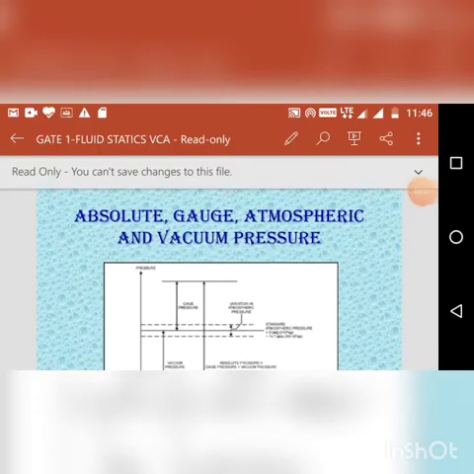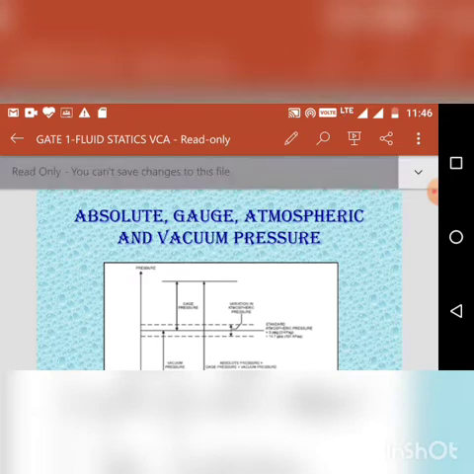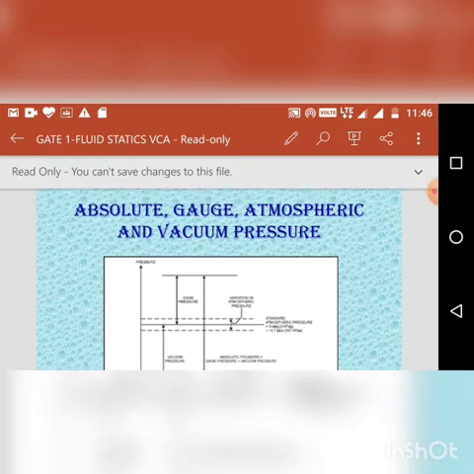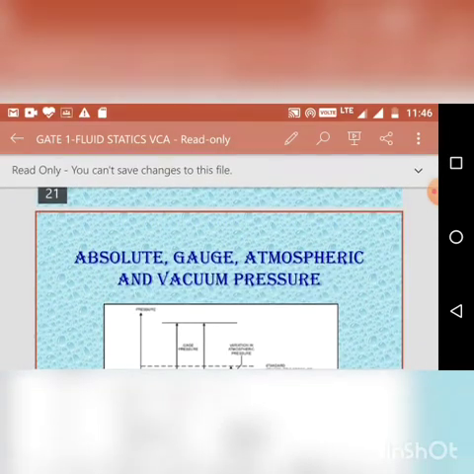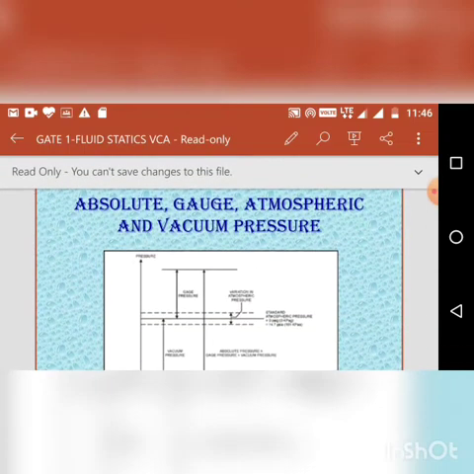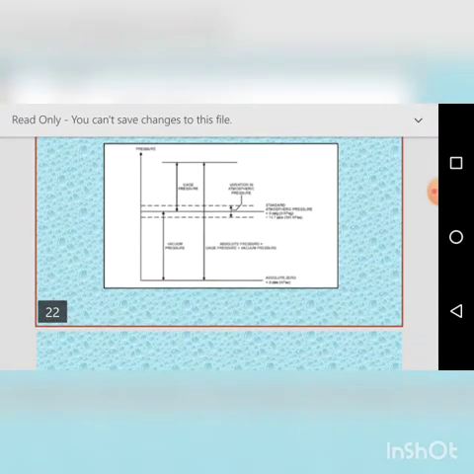We have to then understand the relationship between absolute pressure, gauge pressure, atmospheric pressure and vacuum pressure. Absolute pressure is measured with respect to complete absolute vacuum as the datum.